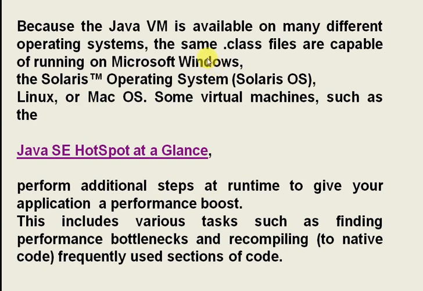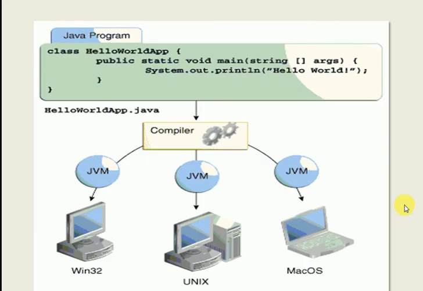The virtual machine is available on many different operating systems, so that the output is ready for the JVM, whether it is in Windows, Sun OS or Linux. In addition, there is a platform called Java Standard Edition HotSpot, which gives some boost to Java performance.